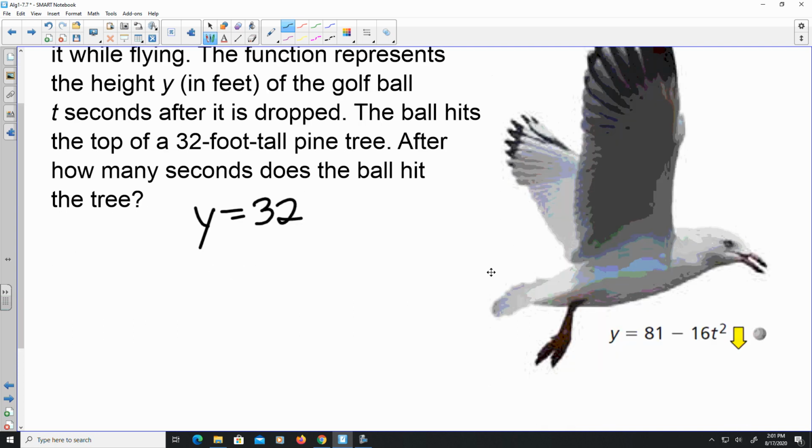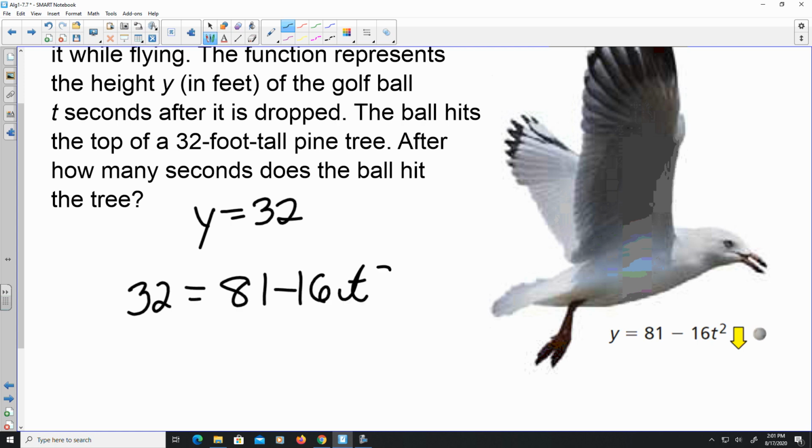So I can write here, okay, I got 32 is equal to 81 minus 16t squared. First, I prefer to have my lead coefficient be positive.